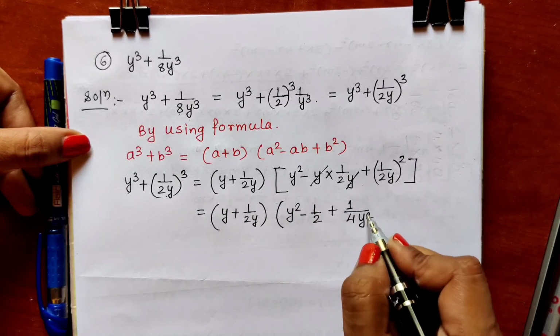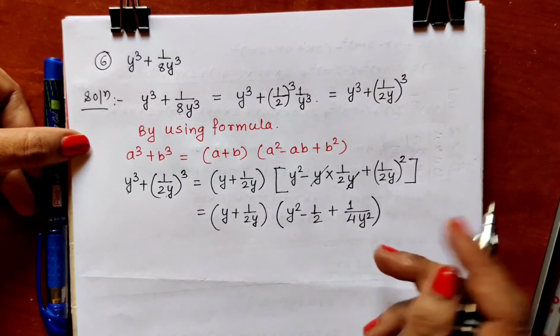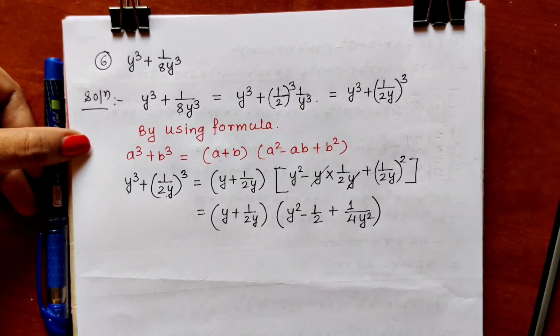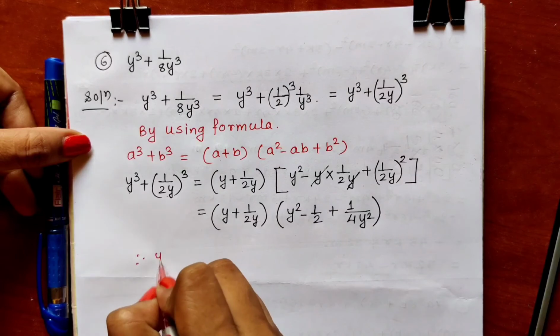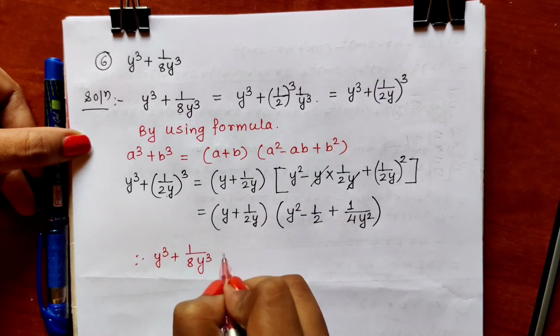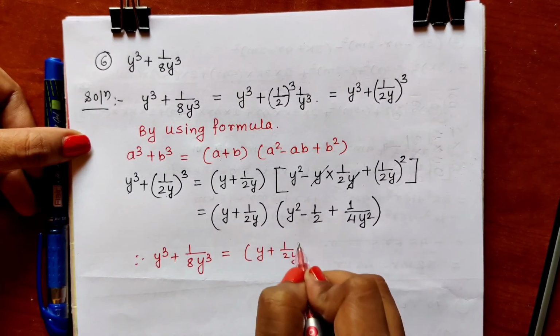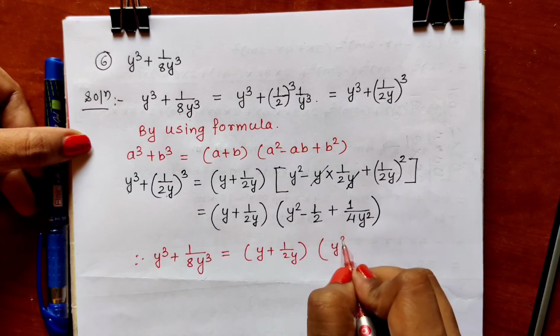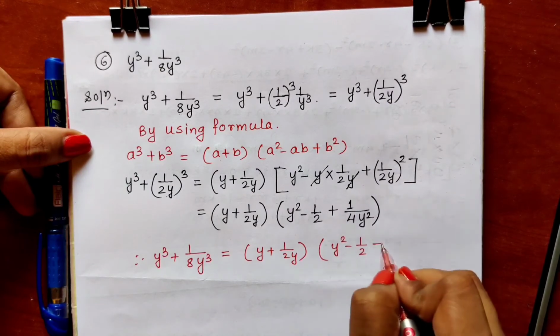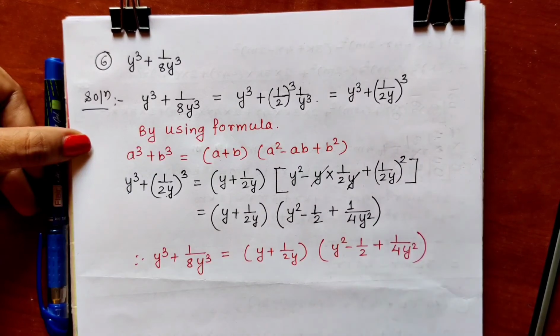We have to put the square to y, and 2 square is 4. So in this way complete the square and write the answer. Therefore y cube plus 1 upon 8y cube, factors are y plus 1 upon 2y in first bracket and y square minus 1 upon 2 plus 1 upon 4y square in the second bracket.